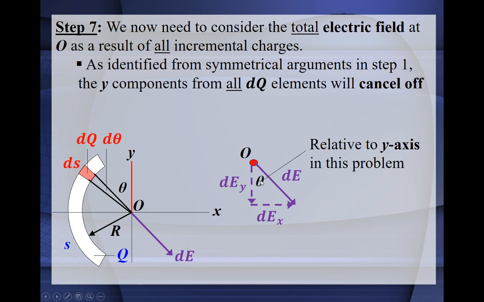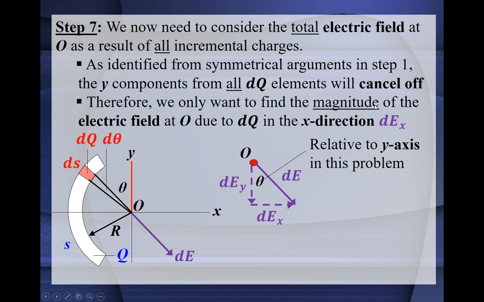And again, this angle right here is relative to the y-axis in this problem. So just be careful. Typically, when we do a components calculation, usually the x component is cosine and the y component is sine. But just based on the way I've drawn the triangle here, this angle is relative to the y-axis.